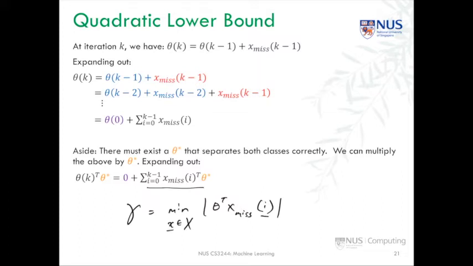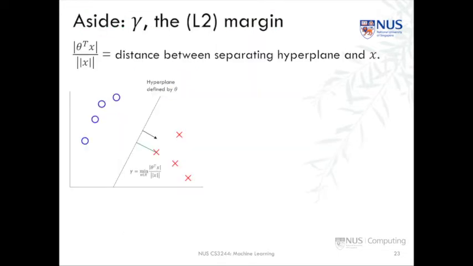Okay, so what's interesting about this value is it has a meaning. Gamma we can think about as a margin between the hyperplane defined by a set of weights and a particular point, right? So we're iterating through this quantity over all of the points. So for example, let's take a look at this red X here.